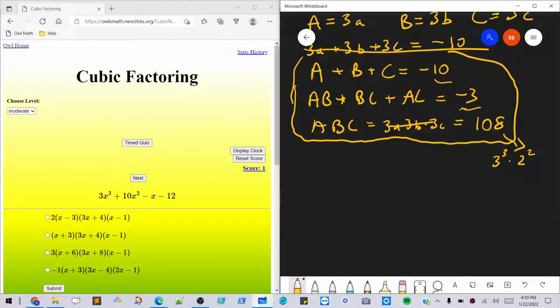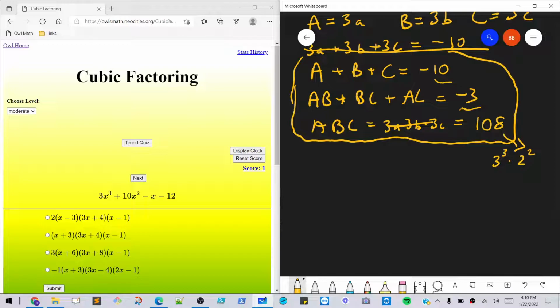But because A times B times C is positive, we actually know that exactly 2 of them are going to be negative, right? Because if all 3 were negative, then 108 would be negative.